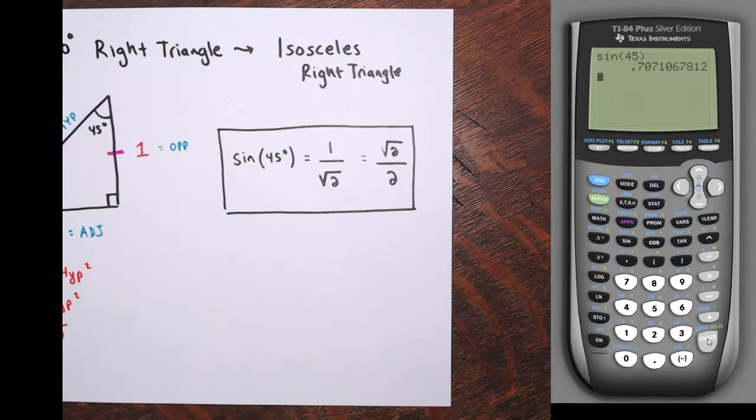And you see it's about 0.707106, blah blah blah. That is, if you take the square root of 2 and divide it by 2, you get the same value. So the sine of a 45-degree angle is the square root of 2 divided by 2, or 1 divided by the square root of 2, same value.